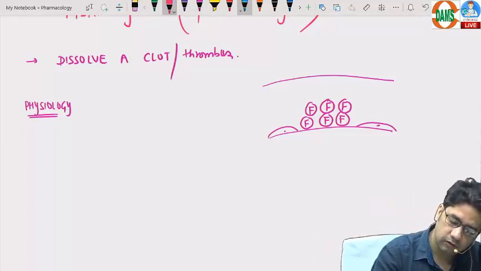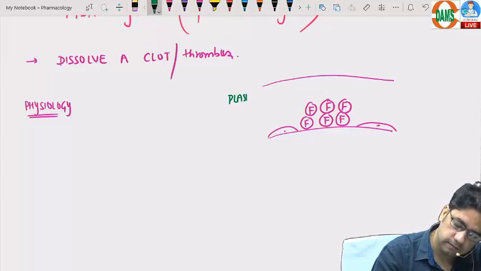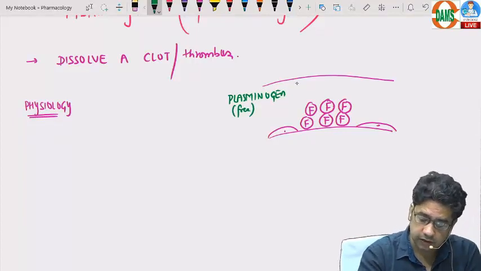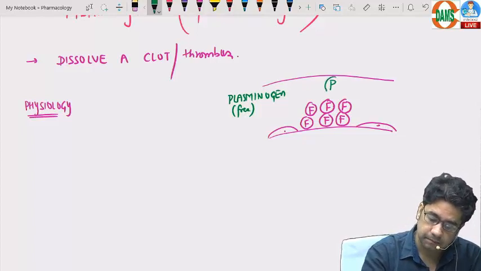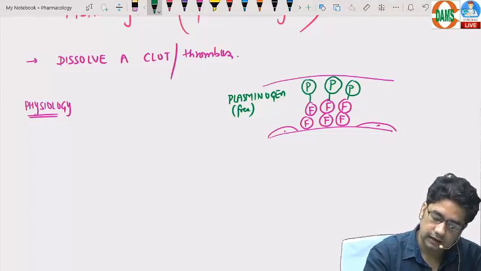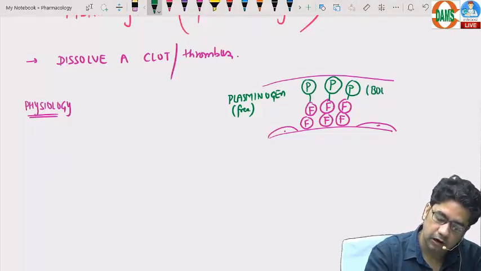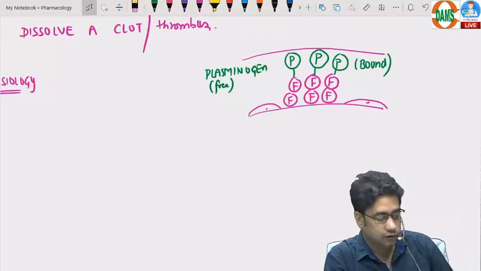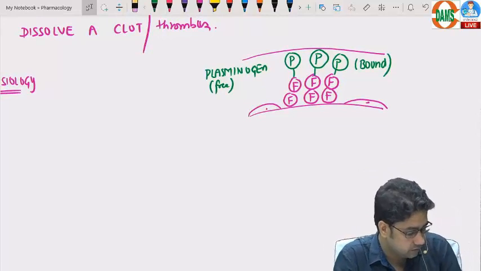There is a molecule in our blood, let's call it plasminogen. Right now it is free. This plasminogen, P for plasminogen, comes and attaches to fibrin. Let's call this bound plasminogen.